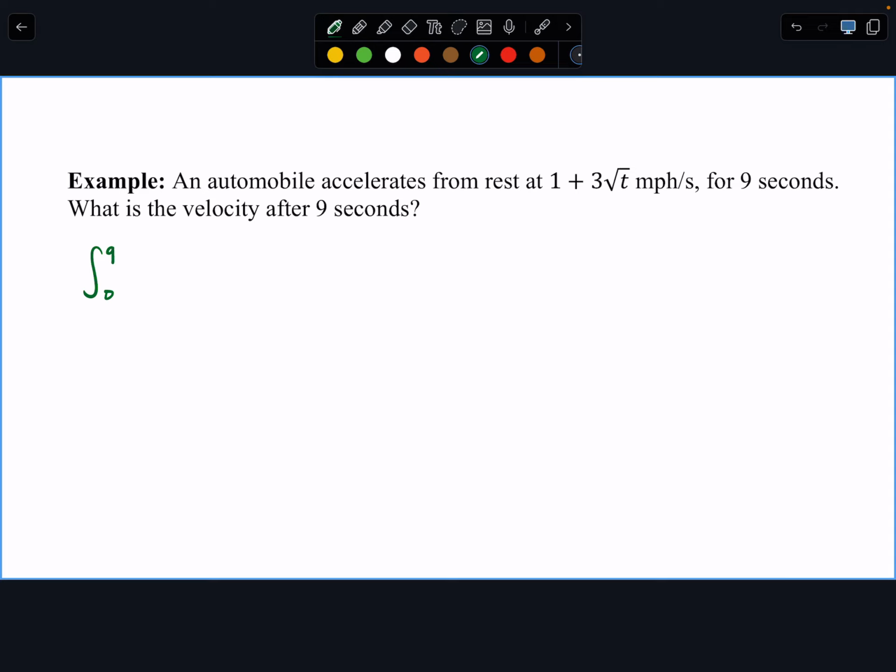So from 0 to 9, integrating 1 plus 3 root t dt. This is something we know how to integrate. So that would be t plus 3 times 1 over 3 halves, right? Because 1 half plus 1, t to the 3 halves.